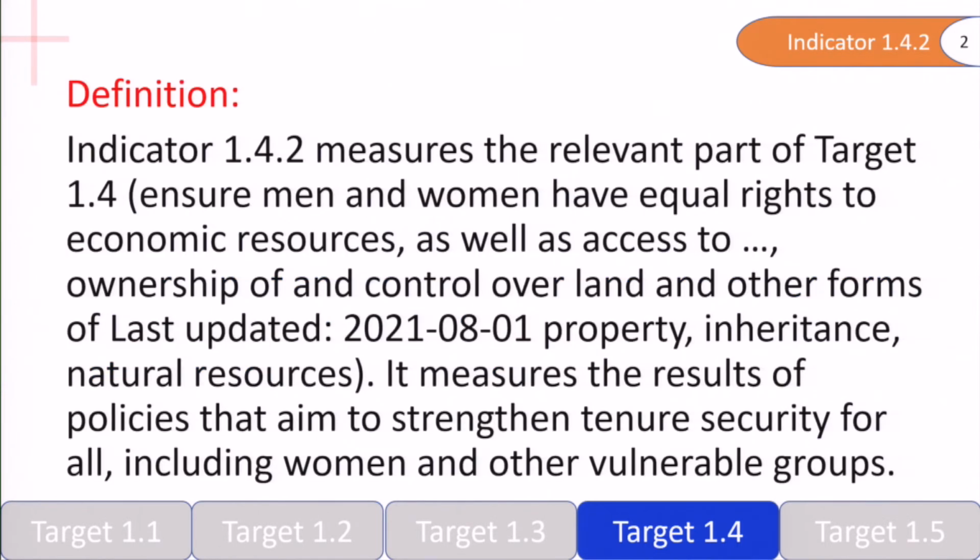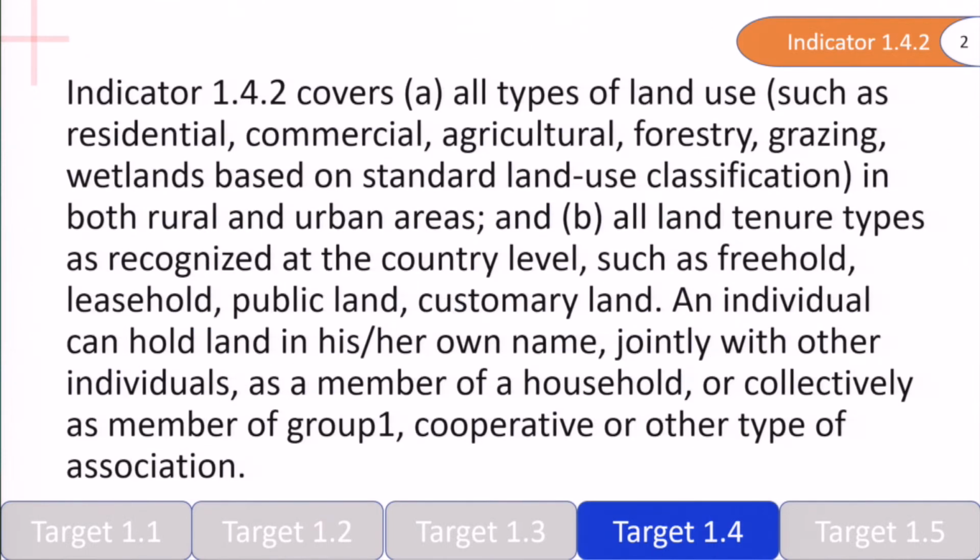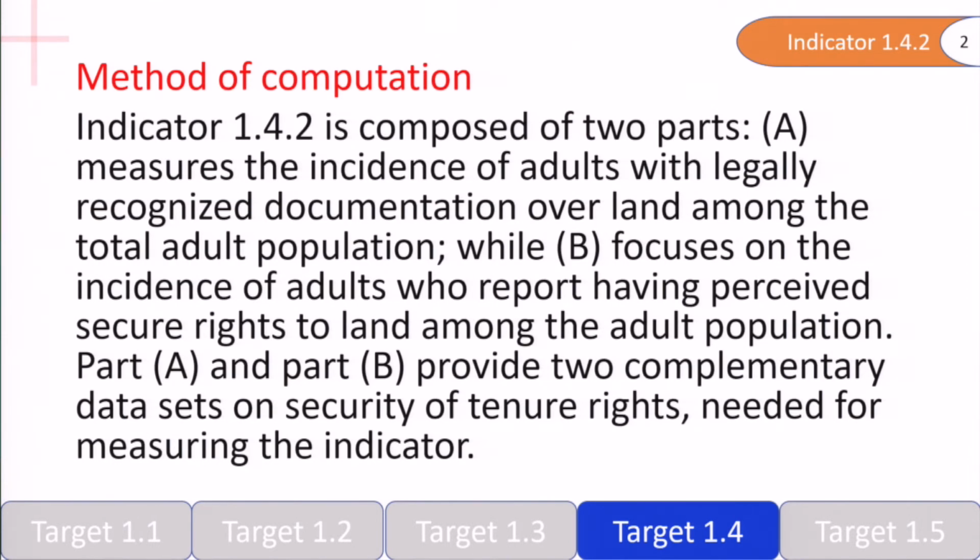The definition is that it measures the relevant part of the people who have the right to economic resources, who have access to the land, who have control over the land. So, we need to find the number of people who have that secure facility. The computation has two parts.